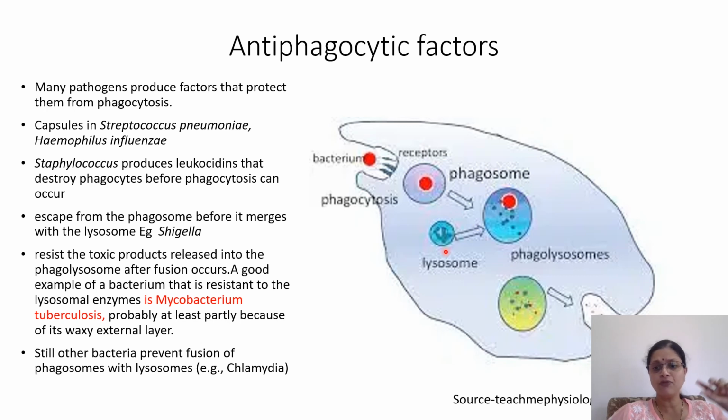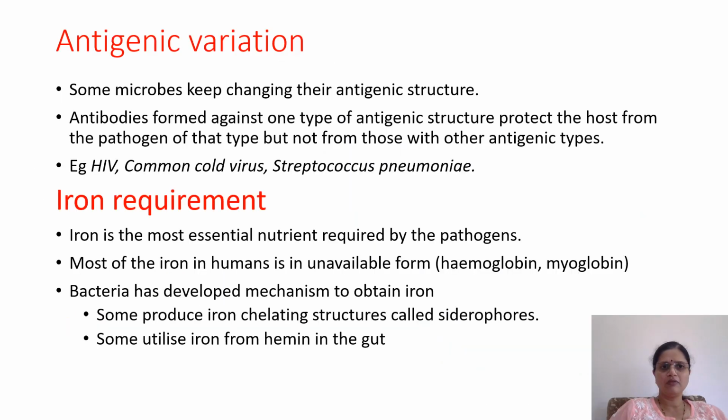Phagosome, lysosome jotege fuse agbekalla, ಆ process ನೇ ಮಾಡಕ್ ಬಿಡಲ್ಲ. So these are some of the ways of escaping the phagocytosis process so that they can establish inside the human body and cause disease. So such factors are called anti-phagocytic factors. So the two more virulence factors which I would like to explain in short are antigenic variation and iron requirement of the pathogen.